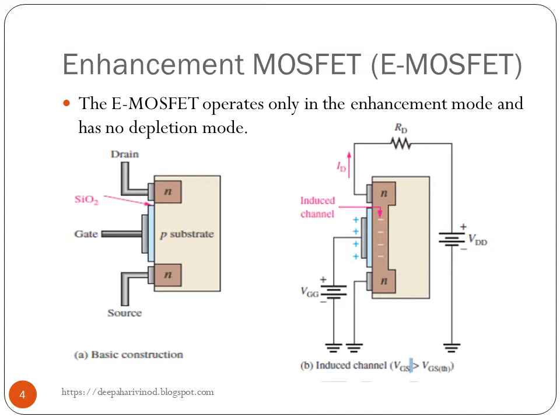If we increase the gate voltage, it will pull more and more electrons, so the conductivity of the channel increases. For any gate voltage below the threshold value, there will not be any channel.